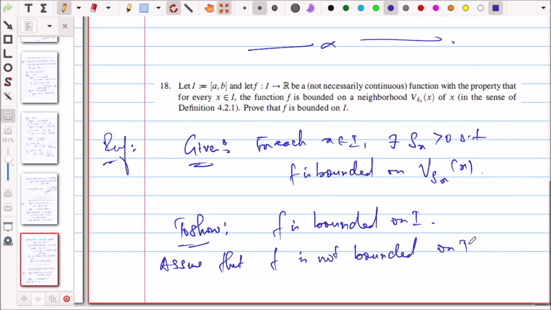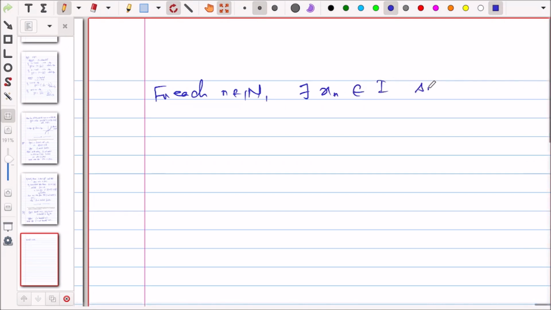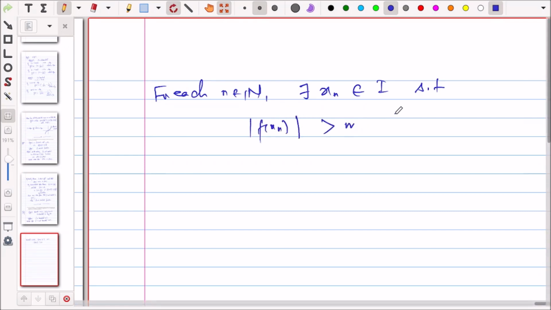So what does this imply? Because f is not bounded on I, for each n belonging to N we will be able to find x_n. There exists x_n belonging to I such that |f(x_n)| is greater than n.